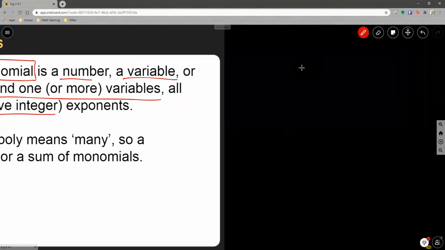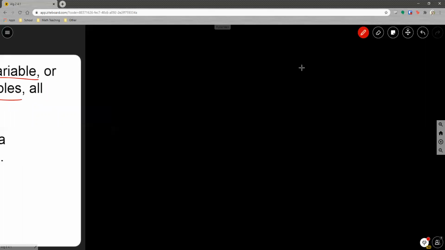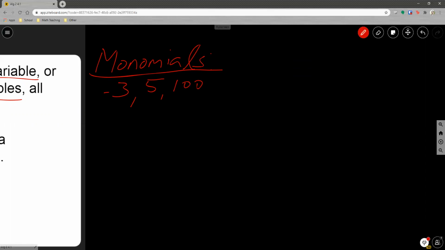So this is a concept that you probably have seen in Algebra 1 and in middle school mathematics classes as well. So monomials can be numbers, so -3, 5, 100, pi, any of these can be considered a monomial.